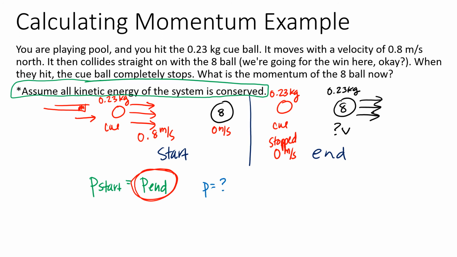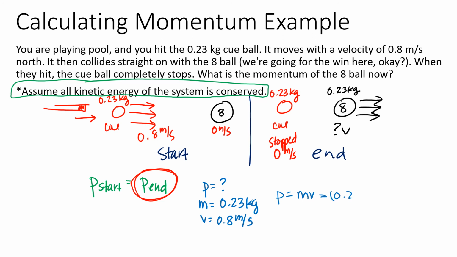If we know the momentum of the cue ball, we have the mass, which is 0.23 kilograms, and we know the velocity, 0.8 meters per second. Those are the correct units that we need to use. So if we just plug it into the equation, we'll get the momentum of the cue ball.